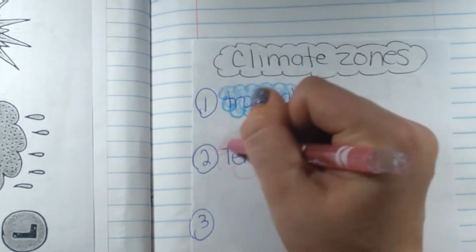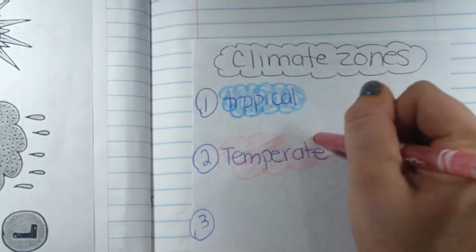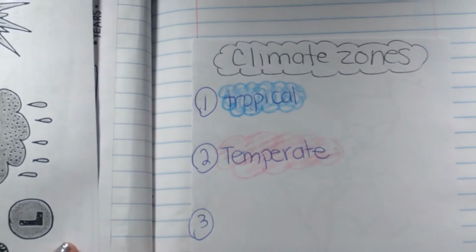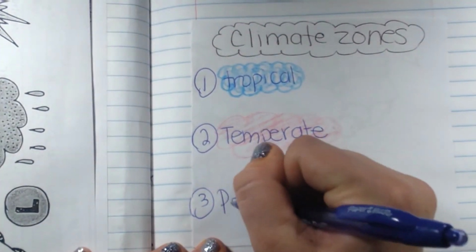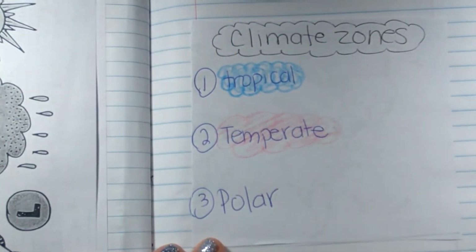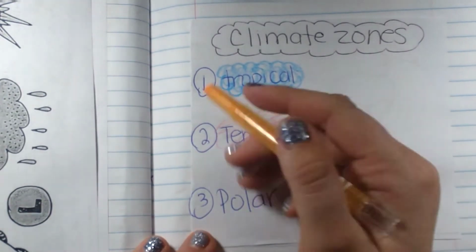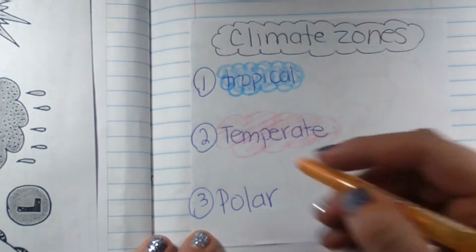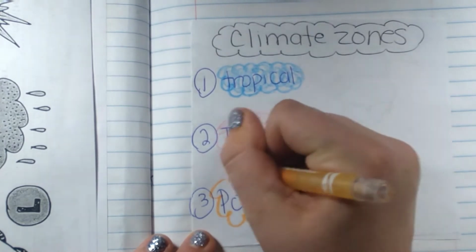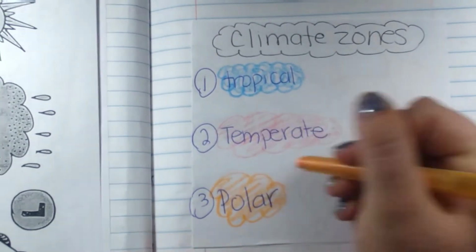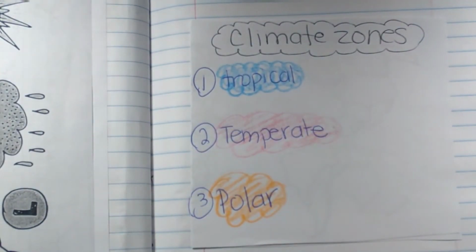And I'm not going to press hard, I'm just going to make it light. And the last one is going to be polar, like the bear. And that is going to be orange on the map.